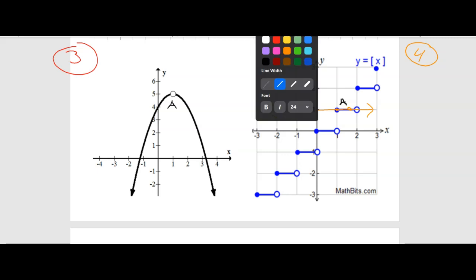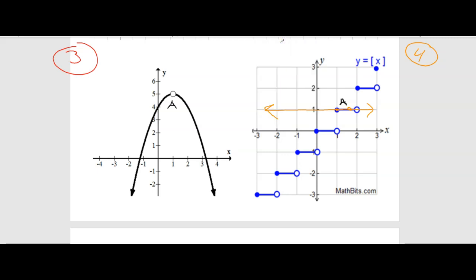The problem is as we approach from the left, so if I have to pick a point on the function to the left of point A, my secant line is not approaching the same thing from the left as it is from the right. In fact, the secant line is approaching a vertical line as we approach from the left, right?